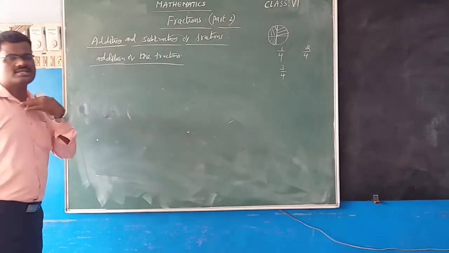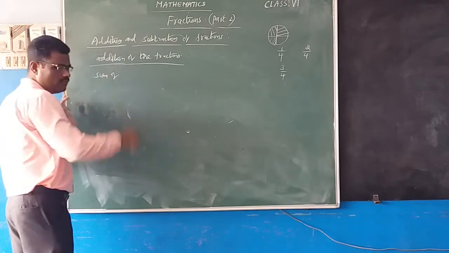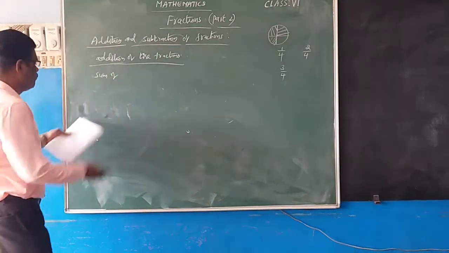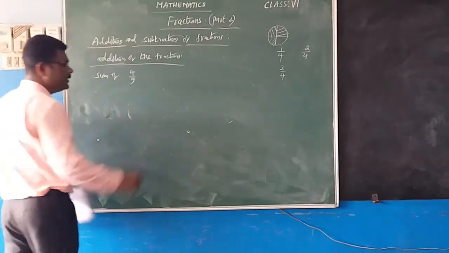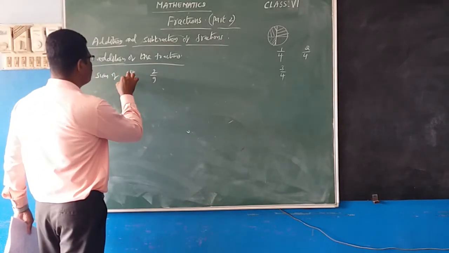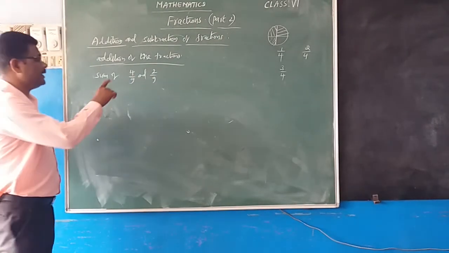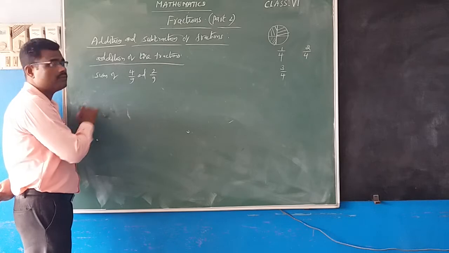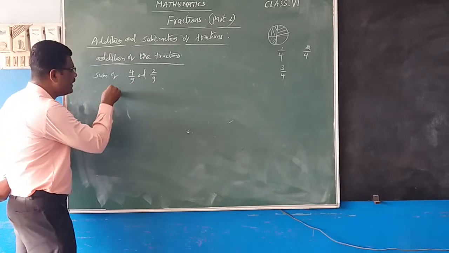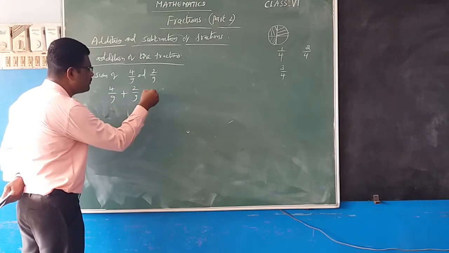Addition of like fractions. For example, find the sum of 4 by 9 and 2 by 9. I have given this in your notes. Whether it is like fractions or unlike fractions? If denominators are same, it is like fractions. How to add like fractions? 4 by 9 and 2 by 9 we need to add.